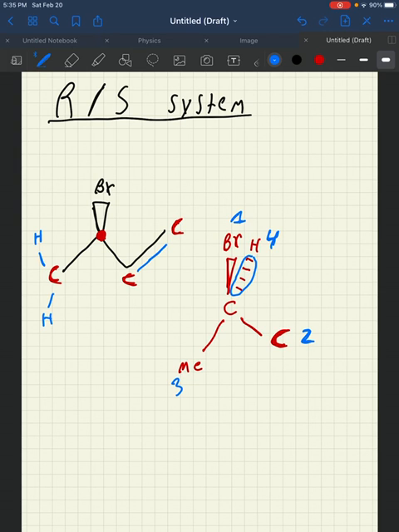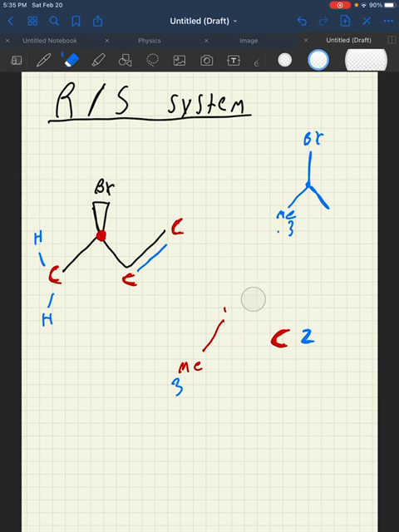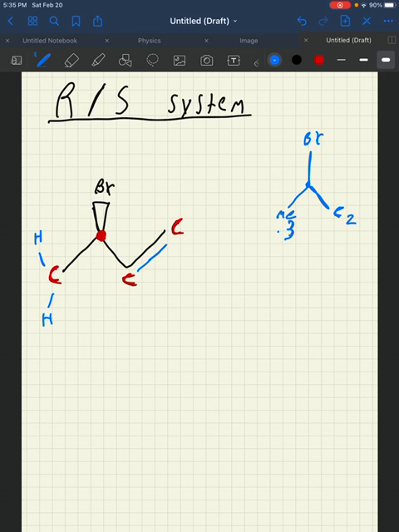So now, if we draw the Newman projection of this, we look at it like this up here. We have bromine. This is not how you actually draw Newman projections; this is just a way to tell your priorities. You got a methyl 3, and then you got your carbon at 2, 3, 2, and 1.